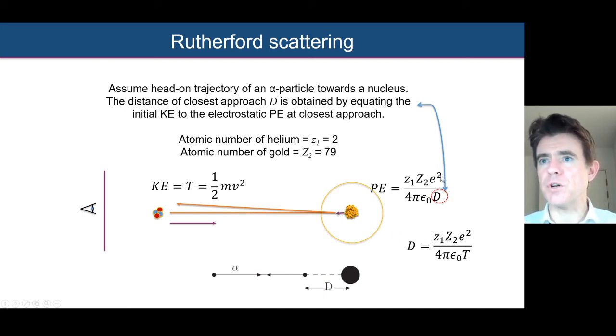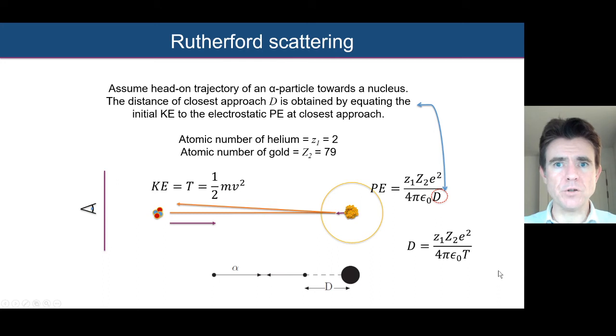And so just by using the standard equation for potential energy, we can rearrange it and find that the distance d of closest approach is just Z1 Z2 e squared over 4 pi epsilon naught T, where again capital T is the kinetic energy and epsilon 0 is the permittivity of free space.